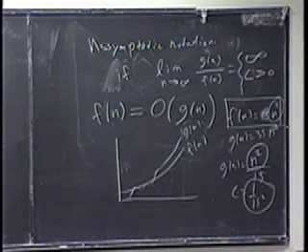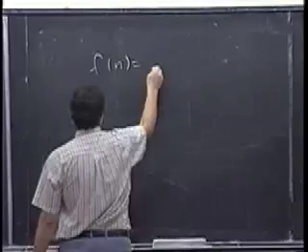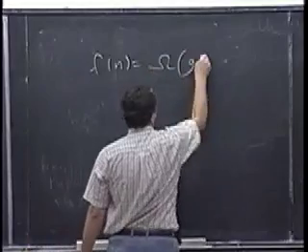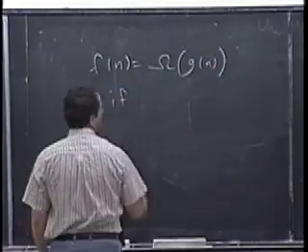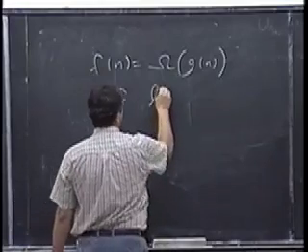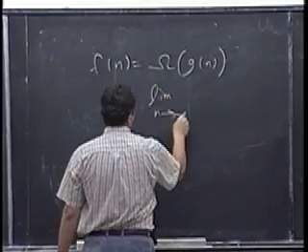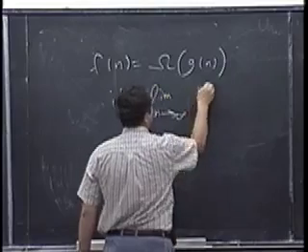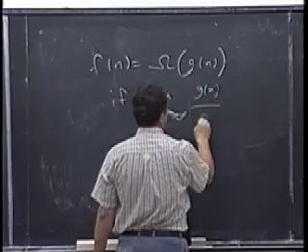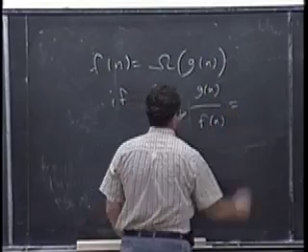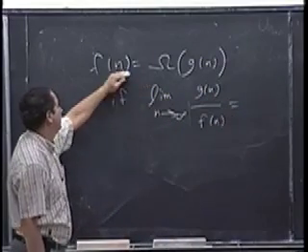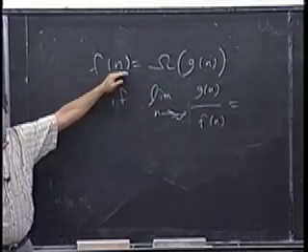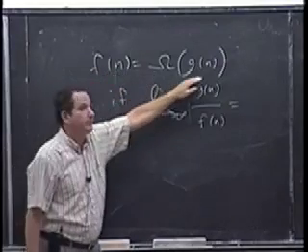Well, there are two other functions that are of importance. f of n is omega of g of n. And this is when the limit as n goes to infinity of g of n over f of n exists. What I want from this is to say, intuitively, that f of n grows at least as fast as g of n.